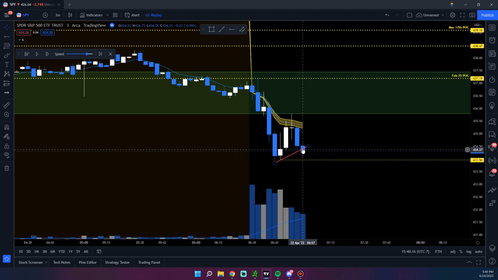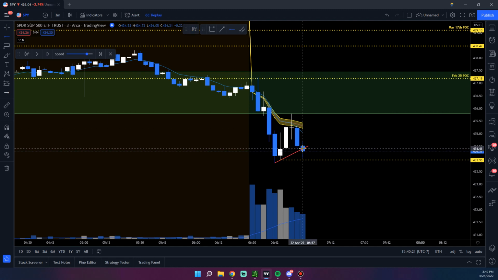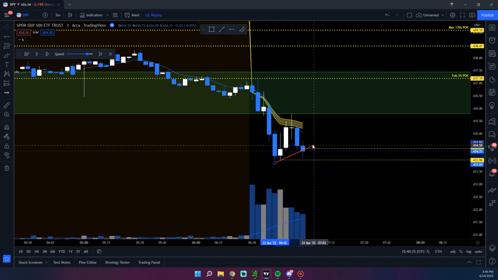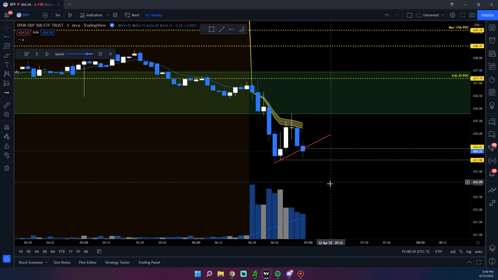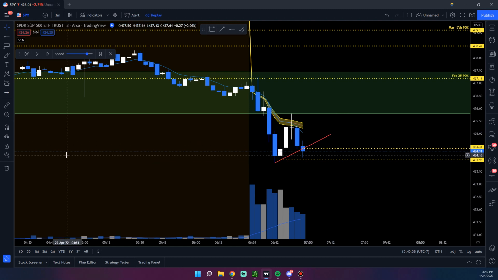So if this does bounce back up, our new safe entry is going to become where this candle touched the trend line. And we're going to extend this trend line out here. And you're going to do this as the candles are moving, as you're trading. That might seem a little overwhelming, but once you do it a few times, it starts to get easier.